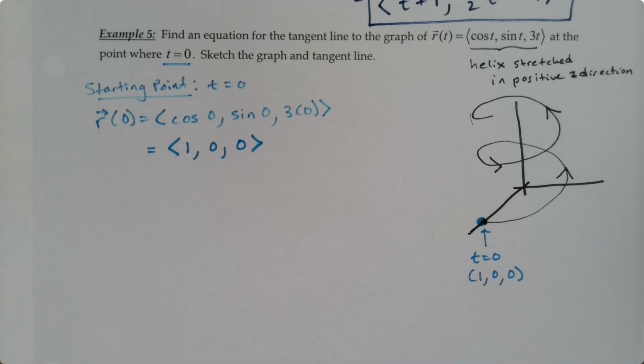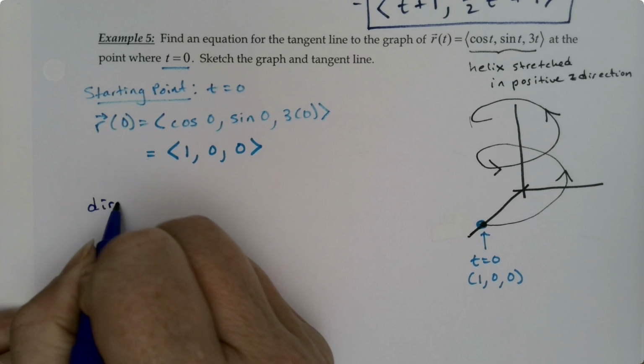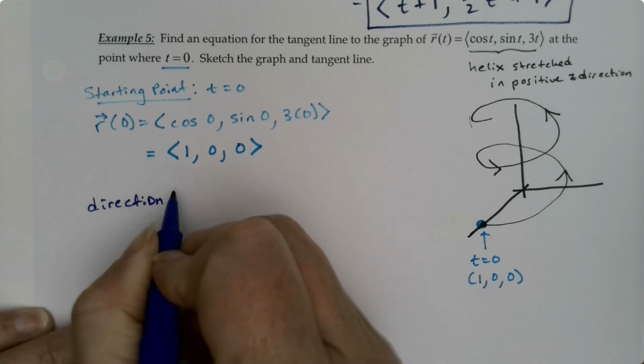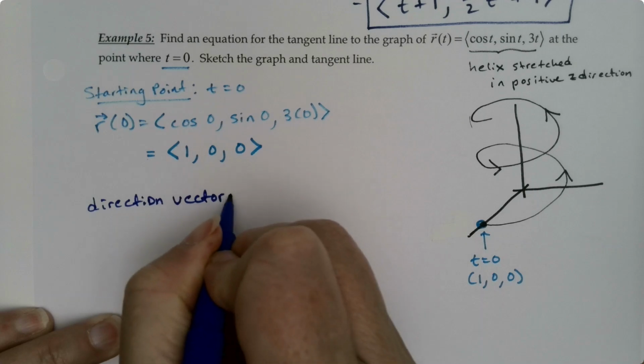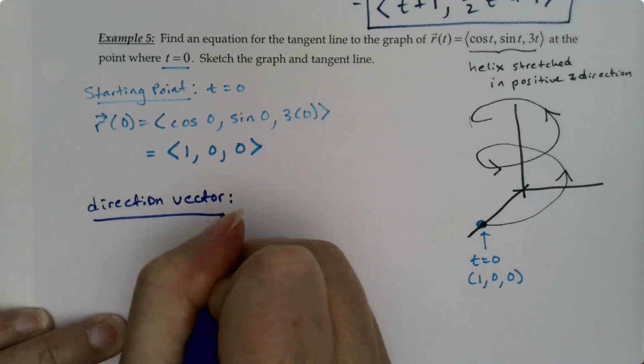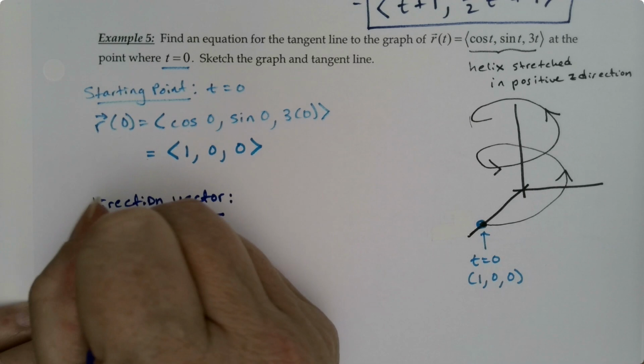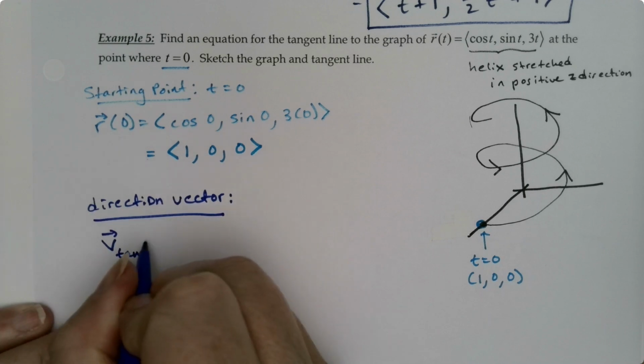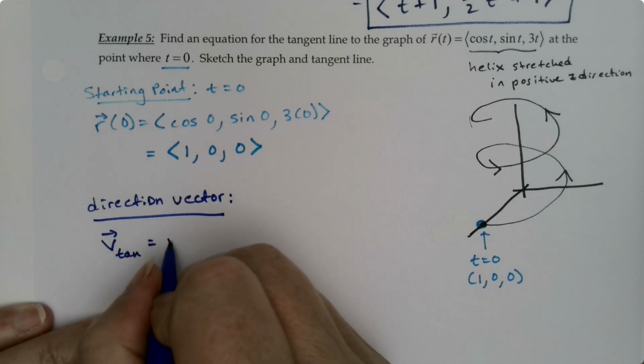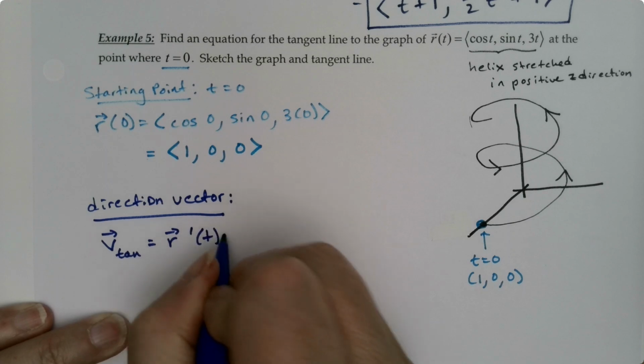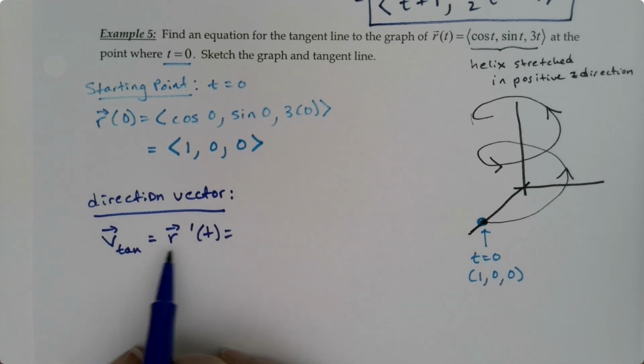Okay, so then what about the direction vector? Well, the direction vector, I'll call that v of the tangent, is r prime of t. So that's the direction vector anywhere.